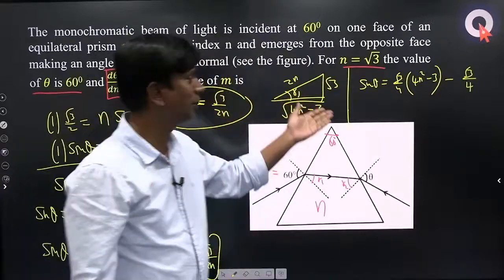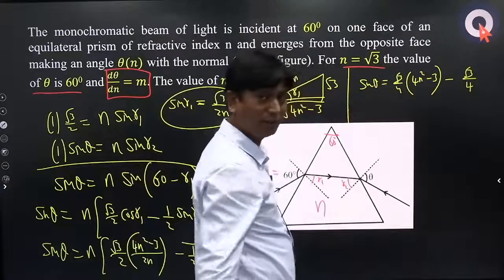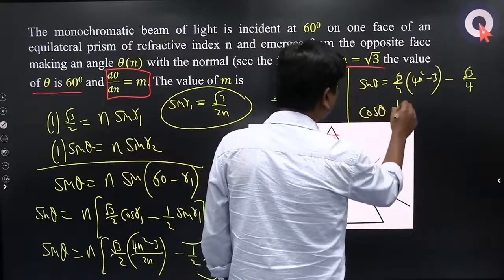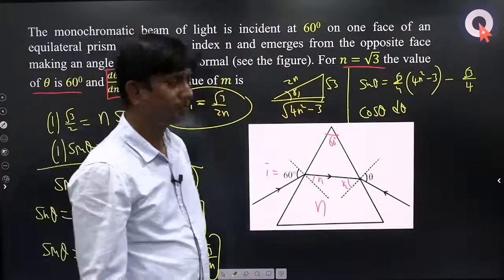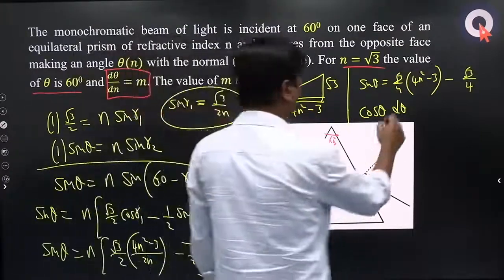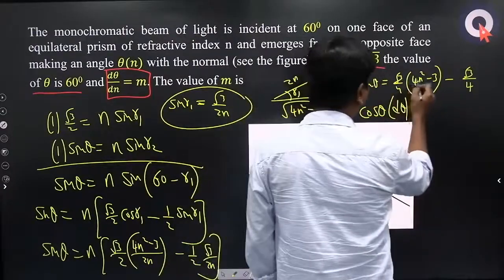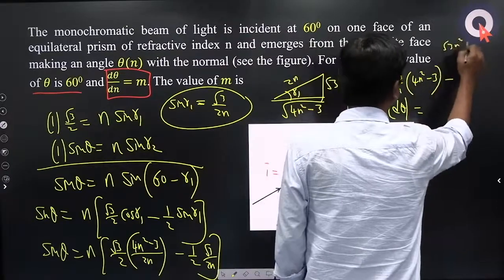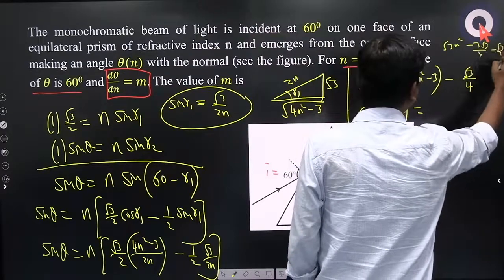Instead, here only you can differentiate: d of sin theta is what? d of sin theta is cos theta into d theta. And d of this, actually this is nothing but root 3 n square minus 3 root 3 by 4, which is anyway a constant.